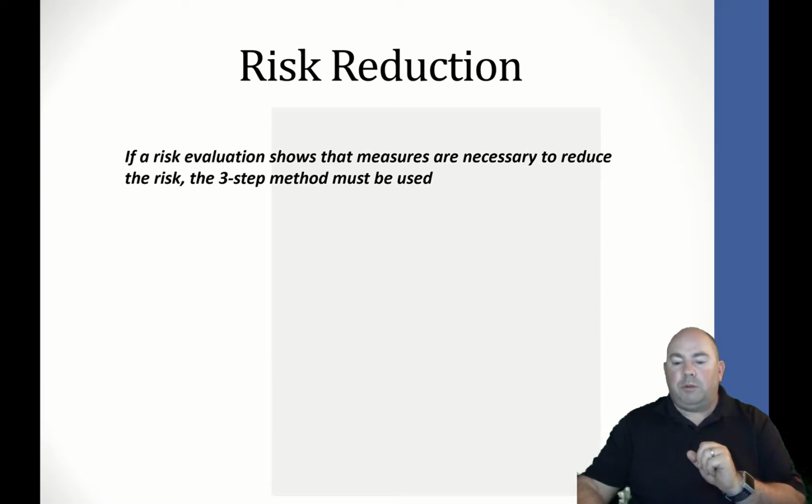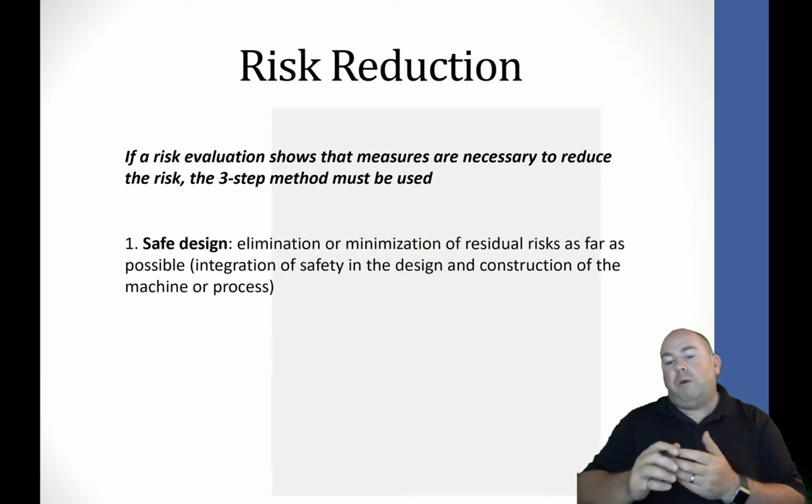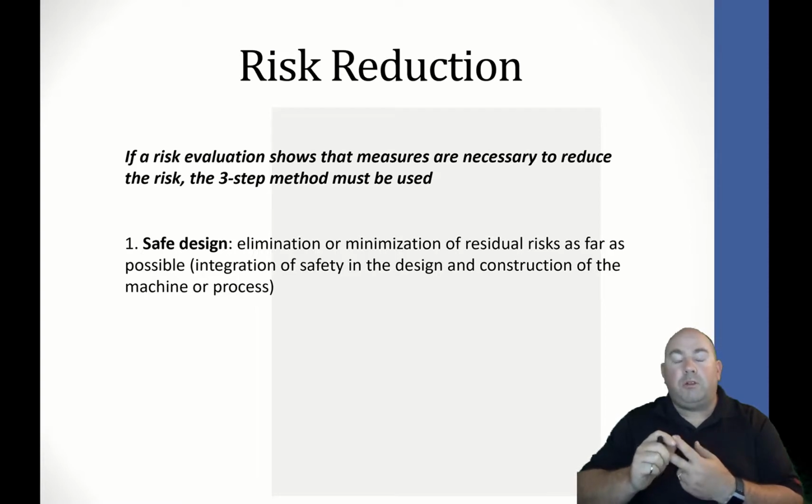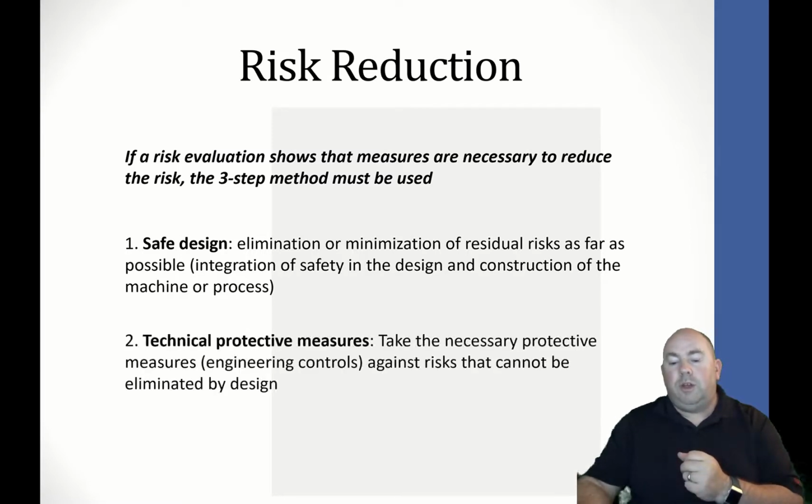So basically it's a 3-step method. If we're designing a system, we want to try to implement a safe design. We want to eliminate or minimize as many risks as we can in the design process. Then when we actually go to build this machine, if it's a machine we're talking about, there are some risks that we can't design away.